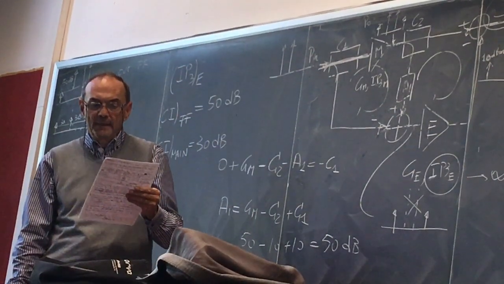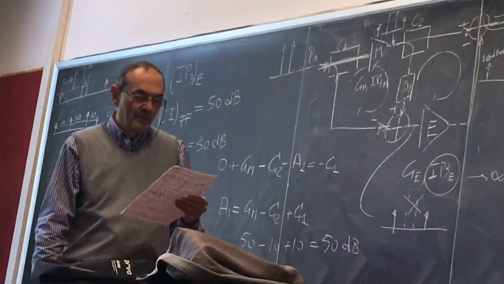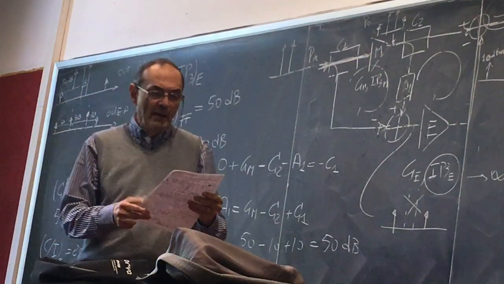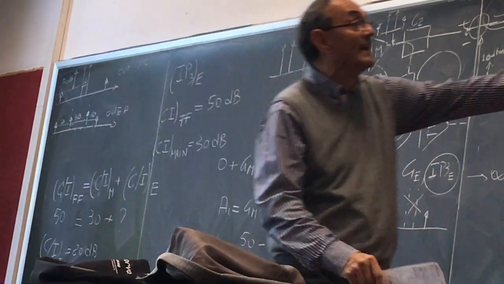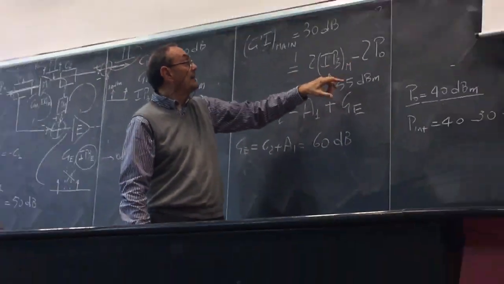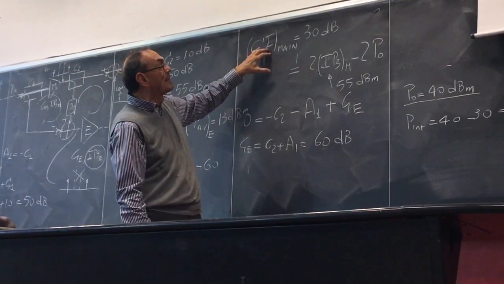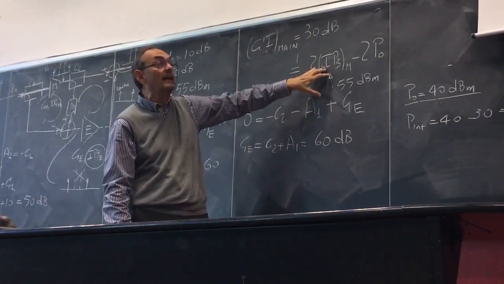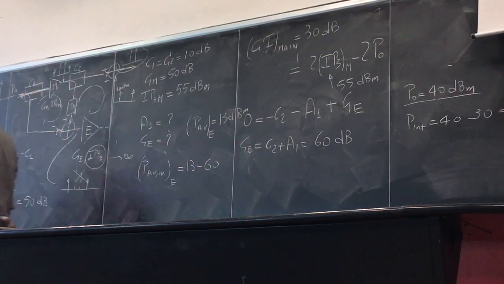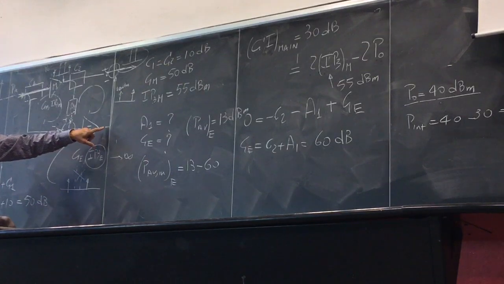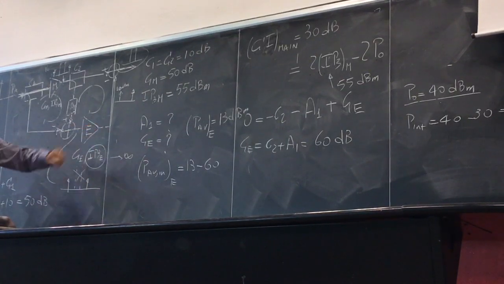What we can do is apply one of the formulas we have used before, relating this to the carrier to intermodulation. In this formula, you see that we have the carrier to intermodulation related to the IP3 and to P0. What is P0 in the case of the error amplifier? What is the P0? That is the power per line that we need at the output of the error amplifier.